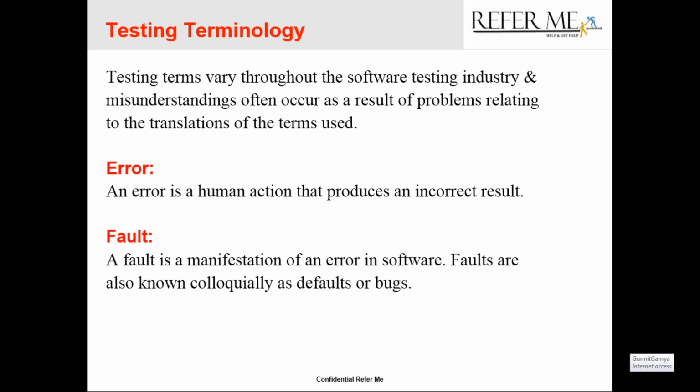Definitely the tea will not be made according to taste, or it could taste bad as well, or the user will not use it. So here you are putting something which is making your system or your function wrong, right? That is something pushed or injected by a human, and that is known as your error. So, a human action that produces an incorrect result.